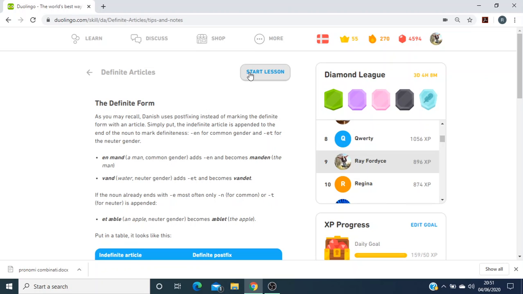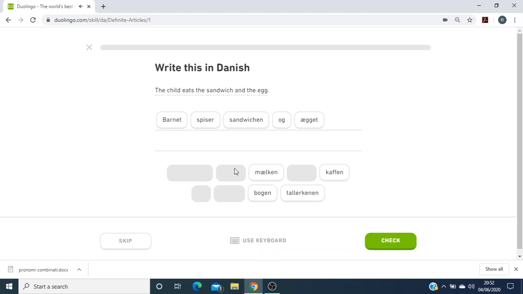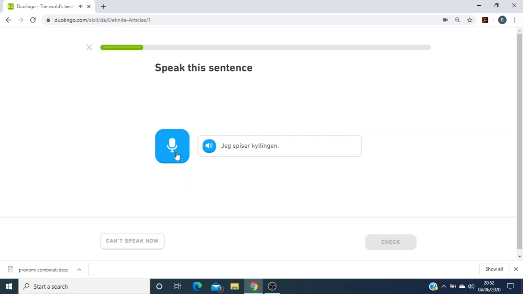Whenever you're ready. Go. The child eats a sandwich and the egg. So, barnet spiser sandwichen og ægget. Jeg spiser kyllingen.